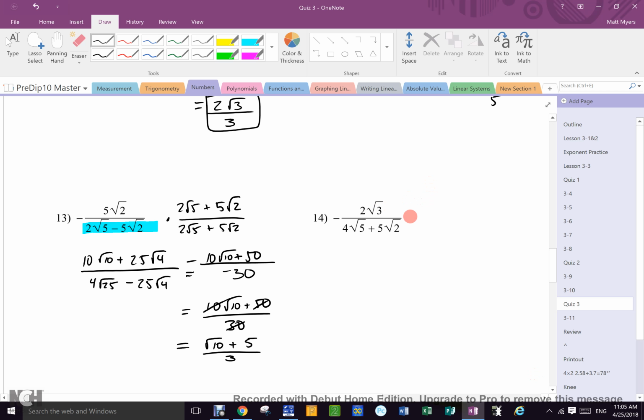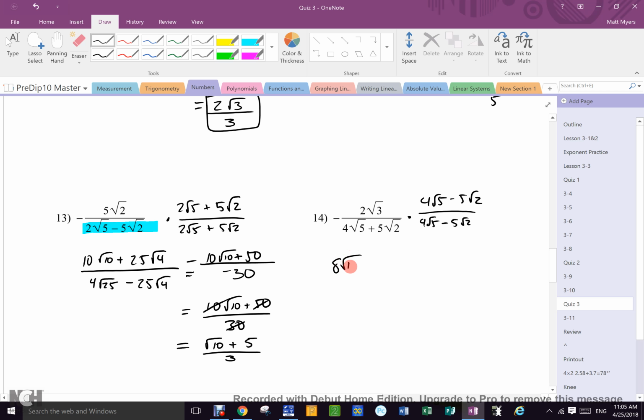And then here, I need to multiply by 4 root 5 minus 5 root 2, which is, the negative up top can stay up top, or you can leave it till the end.